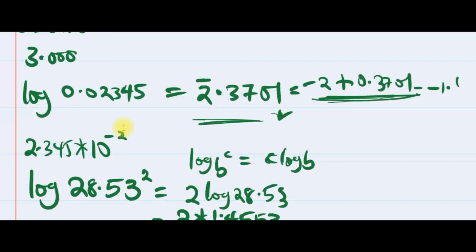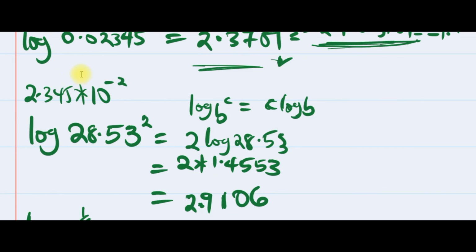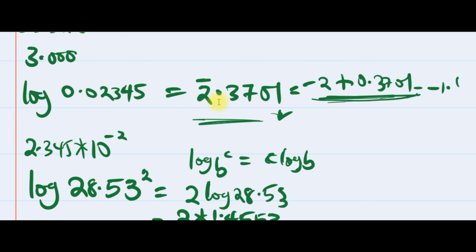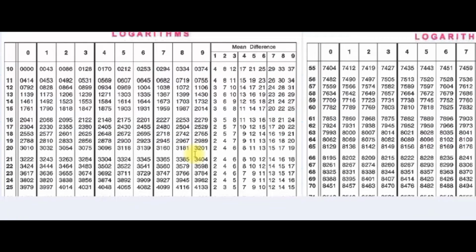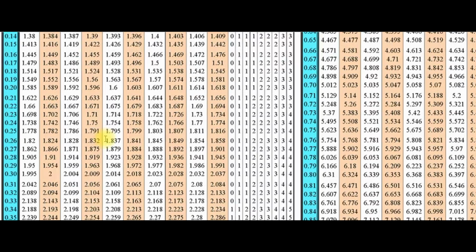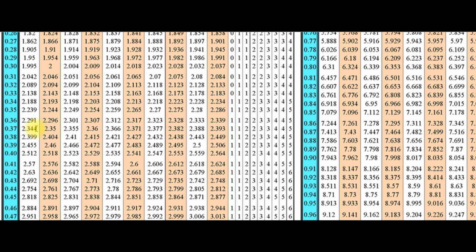So that's it. Again, let's do this one. If you are to look up the antilog to get back 0.02345, we now look up 37 under 0 difference 1. So 37 under 0 is 2344. Difference 1 is 1.